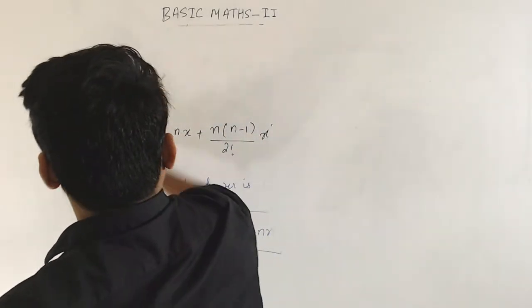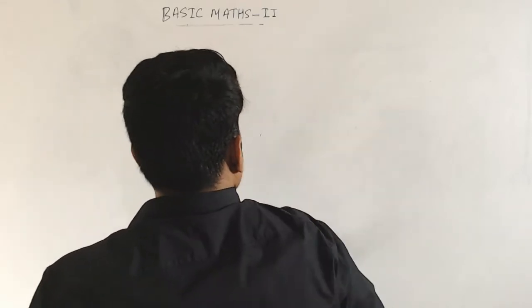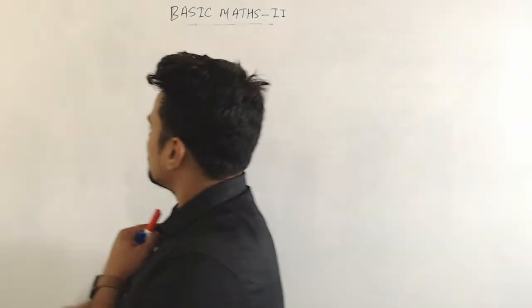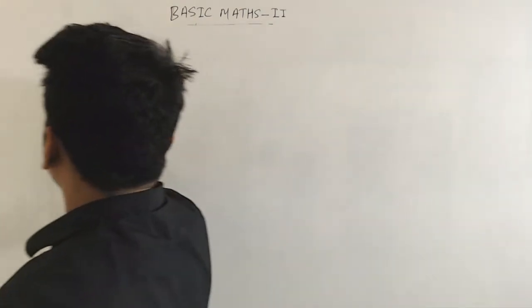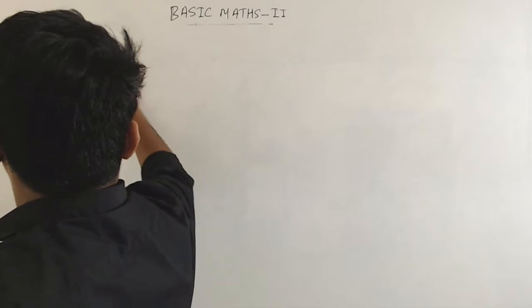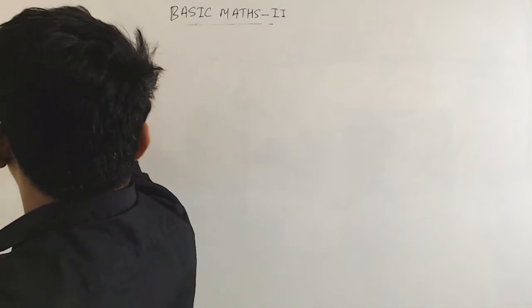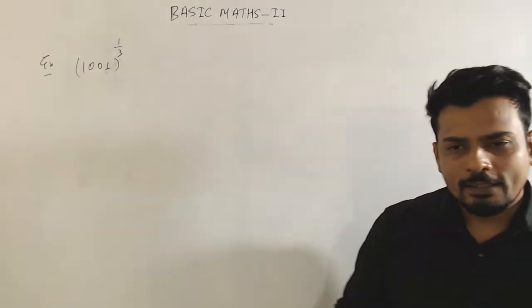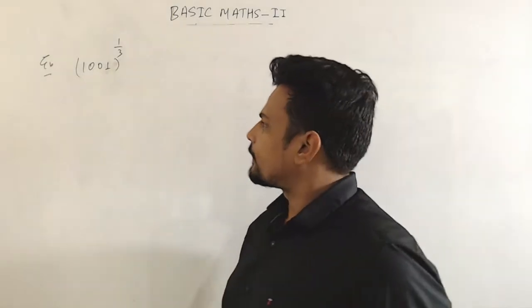Now let us see some examples based on this and see the kind of question that would come to you. Let's say I want you to find the value of 1001 to the power of 1 by 3. Let us use the binomial expansion to do this question.